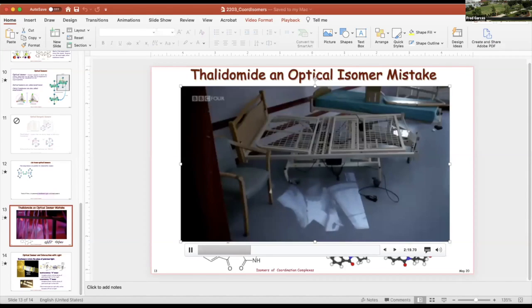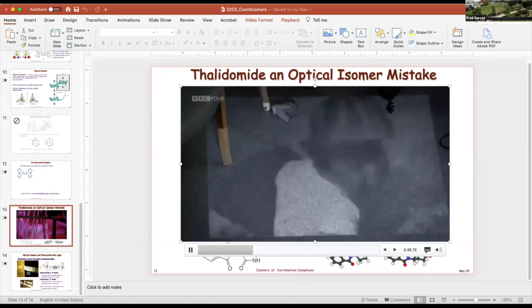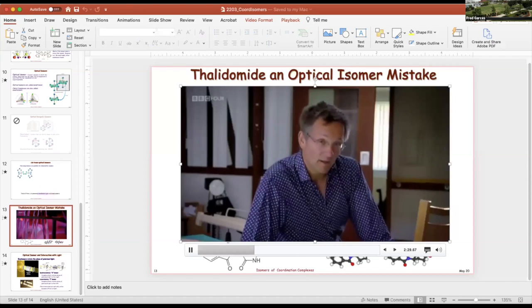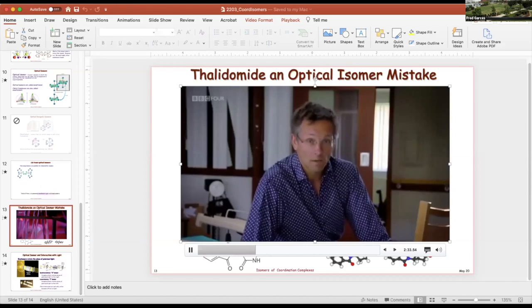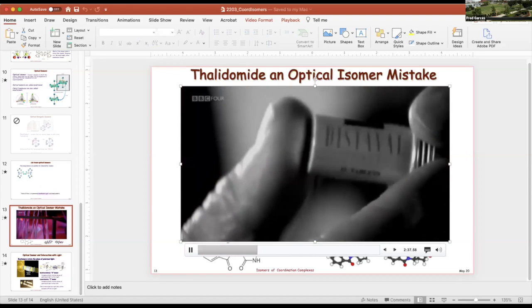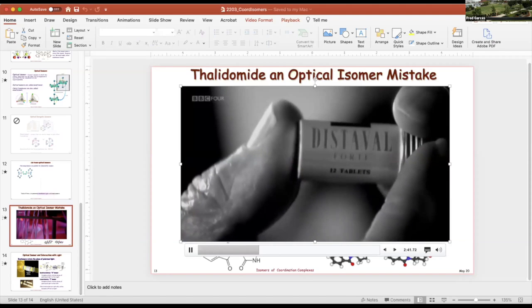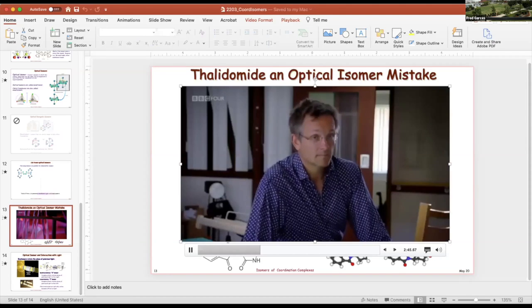Several traumatic years passed before the cause was finally found, when a young Australian doctor looked at the mothers rather than the babies. The only thing he could find was that these women had all suffered from morning sickness in the early months of their pregnancy, and they had all been prescribed the drug Disavow, which is now more commonly known by its generic name, thalidomide.